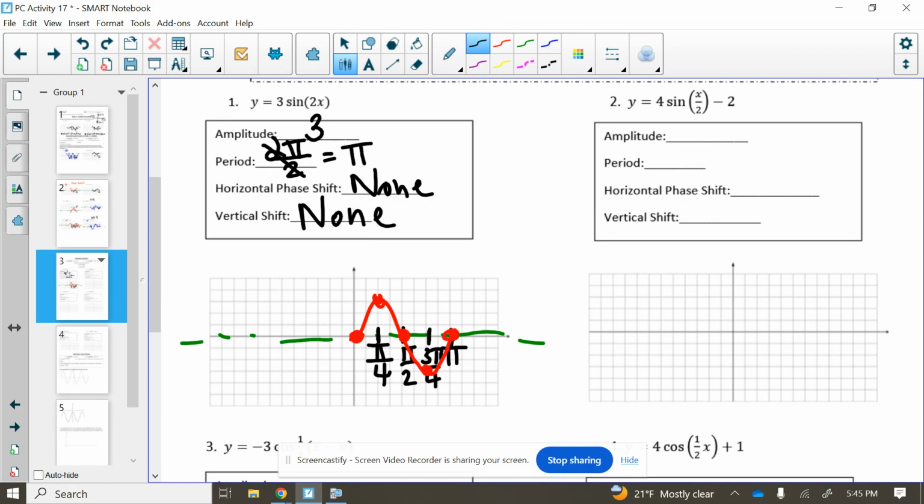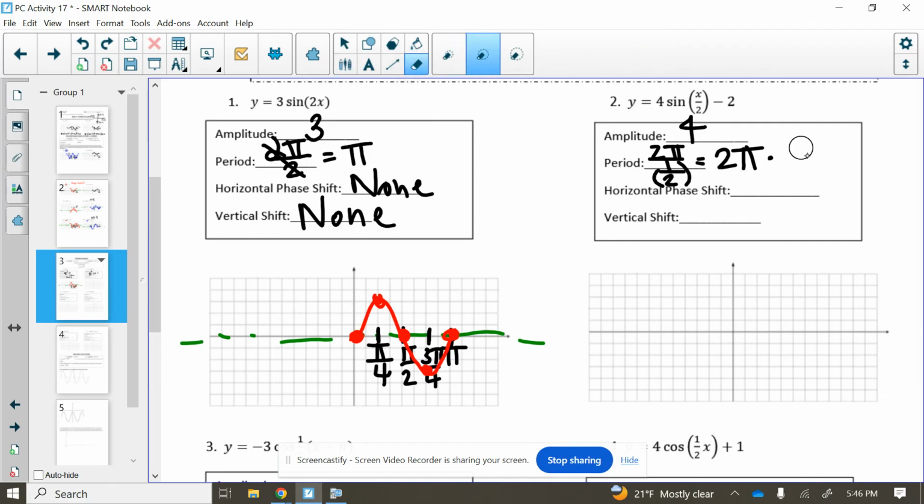On our next example, this particular sine graph is going to have a new amplitude of 4 because it's being vertically stretched. This time our period, if we take 2 pi divided by our b value this time, which is 1 over 2, so we would take 2 pi times the reciprocal of 1/2, which is 2 over 1. 2 times 2 is 4 pi.